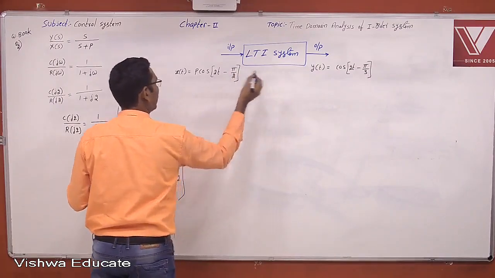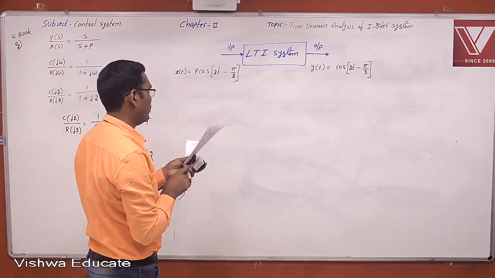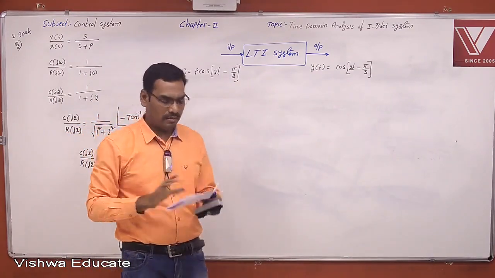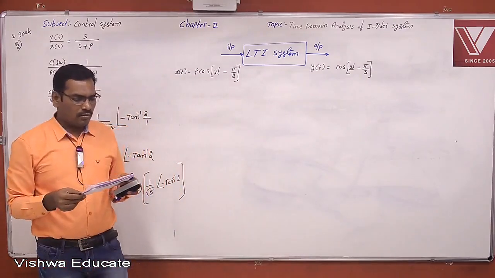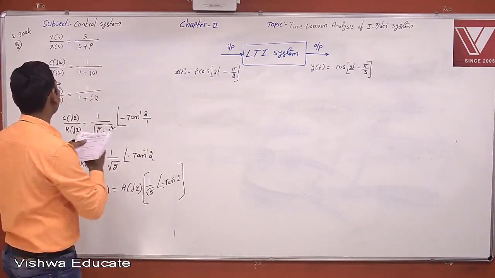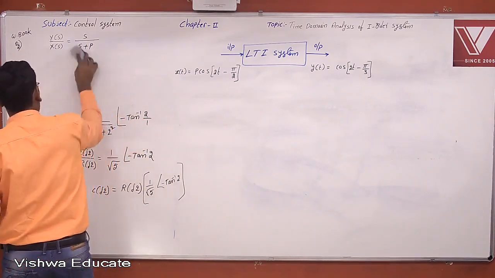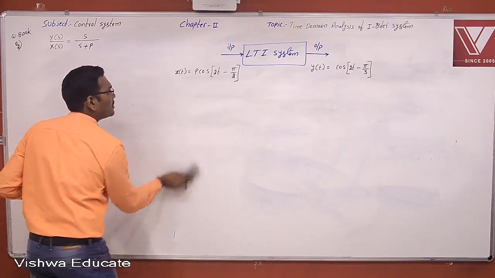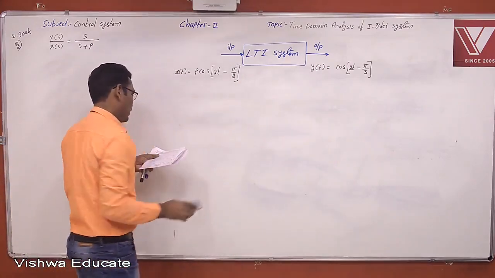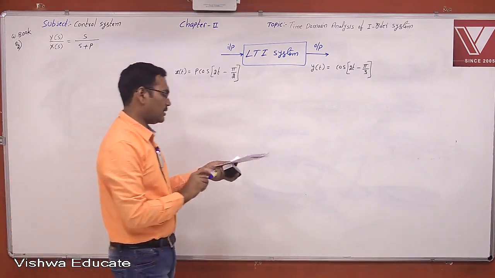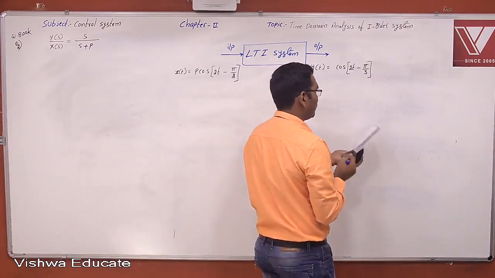Now this is the input and this is the output, and options are also given. Sorry, first I read the question. The control system whose transfer function Y of s by X of s is this one, for that system the output is this, the input is this, and he is asking the system parameter p is dash.